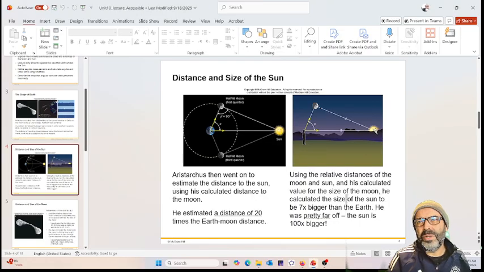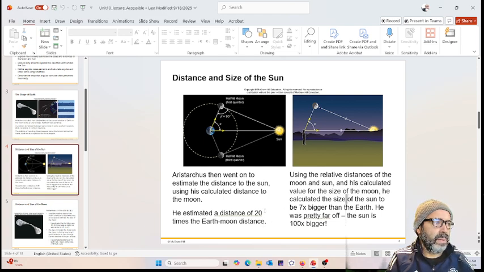You have to make an assumption that the sun is so far away that, in this right-angle triangle, the hypotenuse and this side of the triangle are almost the same. So this angle will be very close to 90 degrees, just like this one, which is a 90-degree angle during the quarter moon. So you can estimate the distance to the sun based on the distance to the moon. So that's the math.